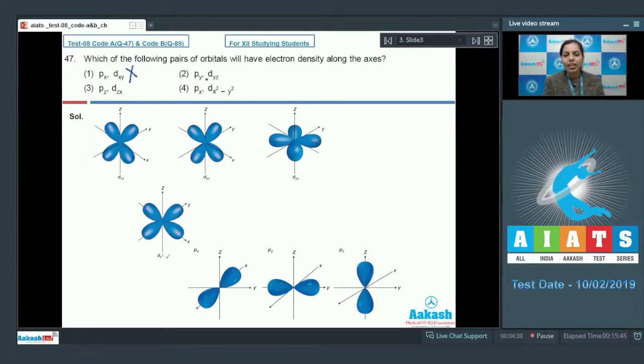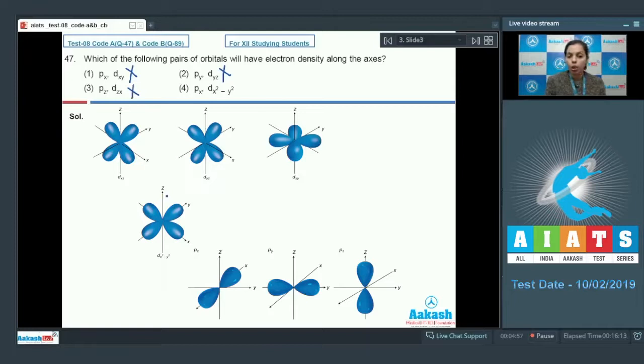Py, definitely density is there along the y-axis, but dyz, in this case, electron density is not along the axis. That's why it's wrong. Further, pz and dzx. If we talk about pz, the electron density is along the z-axis, while in case of dzx, again, electron density is not along the axis.